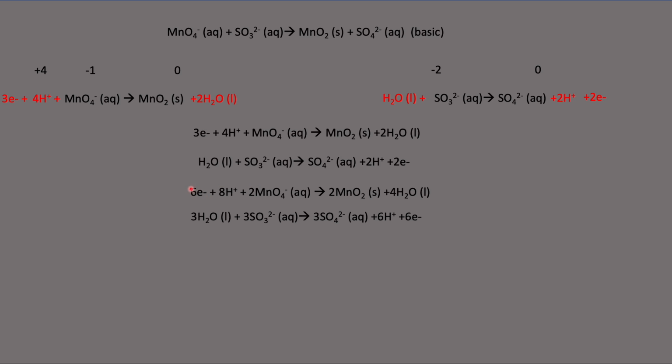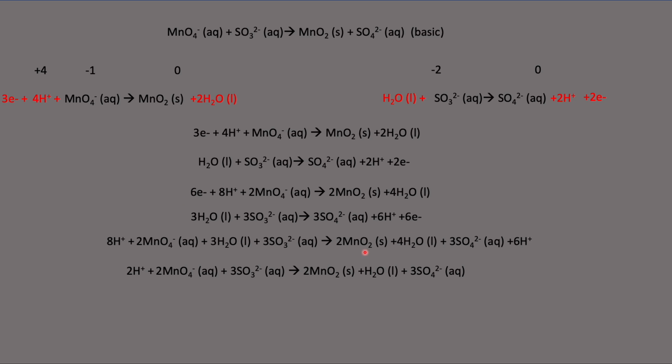And so now we have 6 electrons. 6 electrons, they can get crossed out. They will cancel out with each other. Great. We can combine both equations after we've canceled out the electrons. Combine both equations, and we get this really long full reaction. And so as you can see, they're properly multiplied, and we got rid of the electrons here.